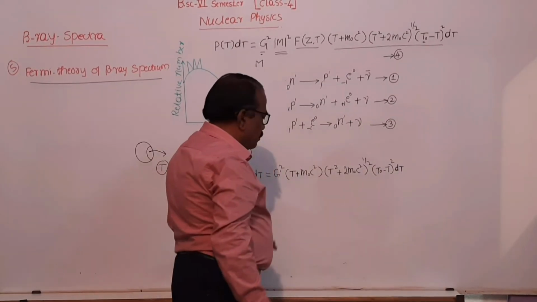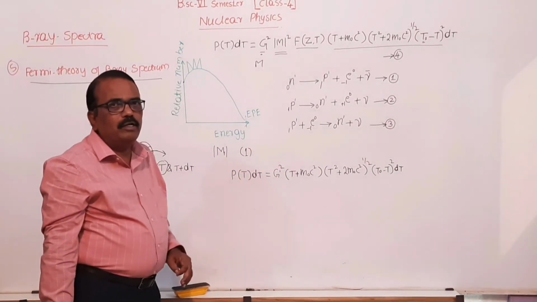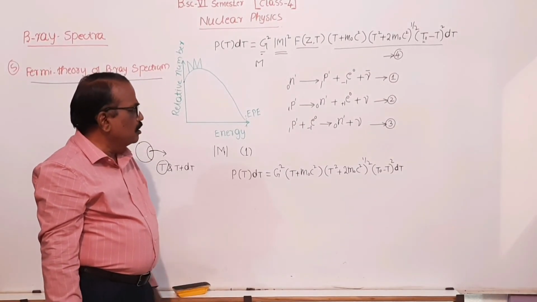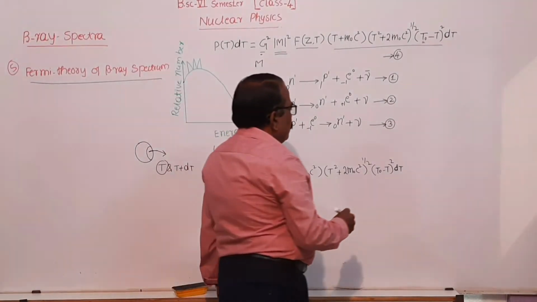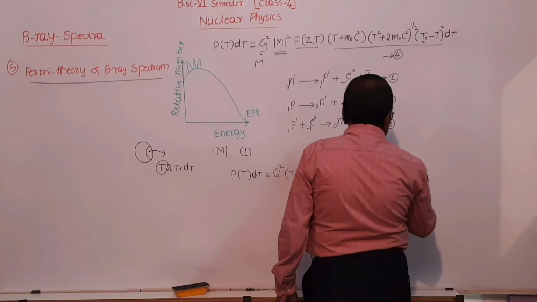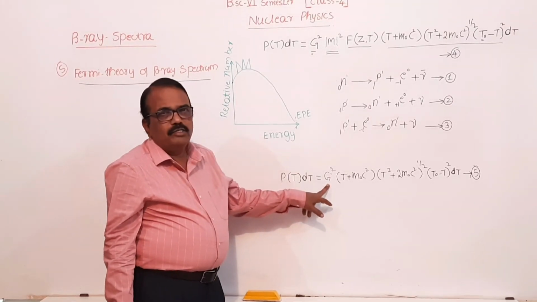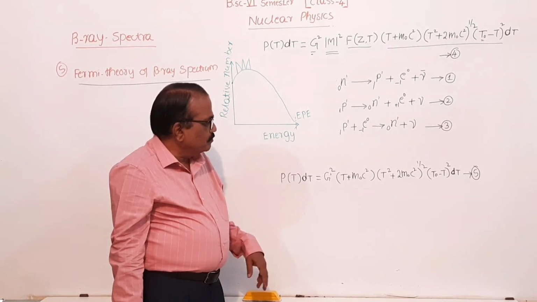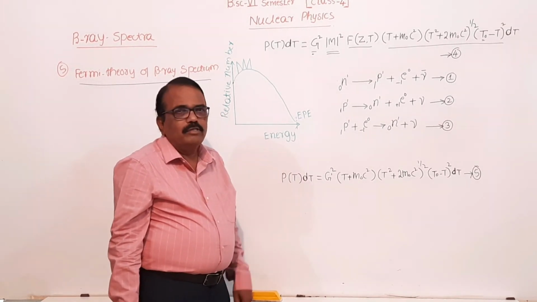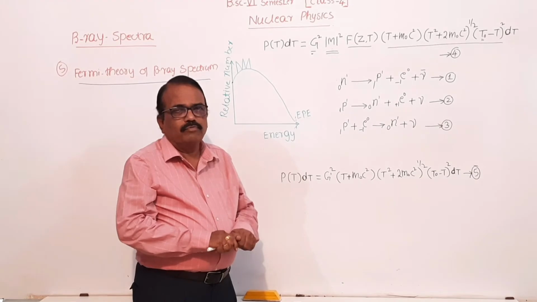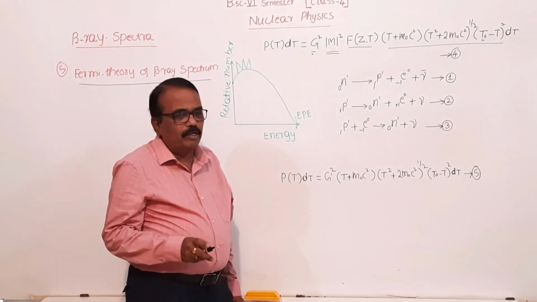This is for an element of low atomic number Z. Of course, they are the radioactive elements. Write this equation as 5. Here G dash is the new constant, and m naught is the rest mass of an electron or beta particle.